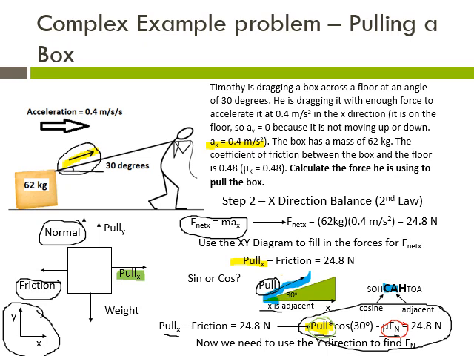If we don't have an angled force, if we're just looking at x or y, usually you can get away with just looking at one or the other. But when you're looking at an angled force, you're pretty much always going to have to find force normal before you can find your actual answer, because force normal shows up in the x and y directions because of that friction equation. So that's what we're going to have to do here.